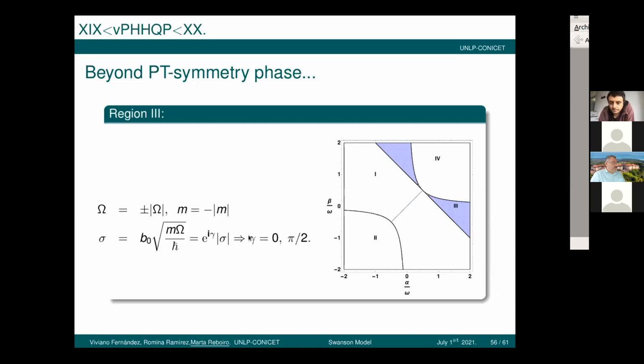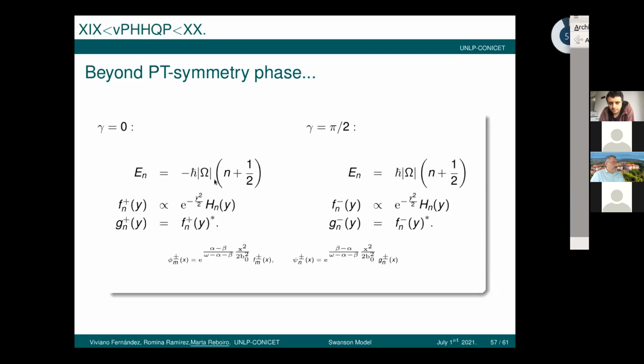Gamma takes values 0 or pi over 2, so that here we have a real spectrum, and the distributions associated to it can be obtained as before, and also related to a Hermite function.